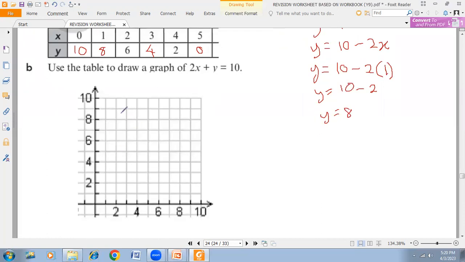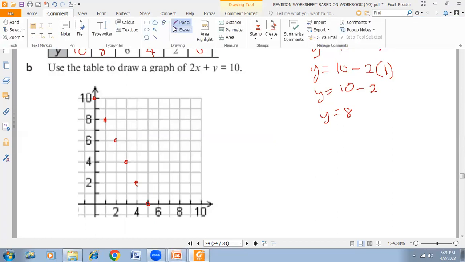Let's plot the points here on the graph. So 0, 10, 1, 8, 2, 6, 3, 4, 4, 2, 5, 0.